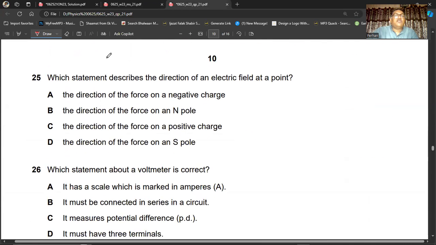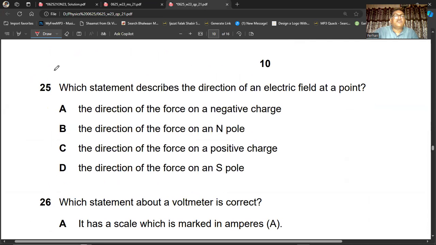Question number 25. Which statement describes the direction of an electric field at a point? We know, wherever you want to find out the direction of the electric field, the standard procedure is you put a positive charge there, and in whatever direction the positive charge moves, that is the direction of the electric field at that point.